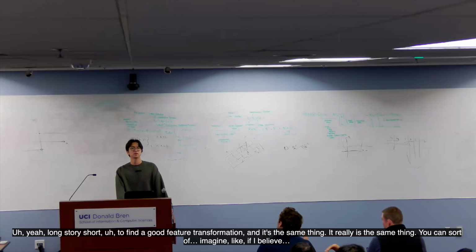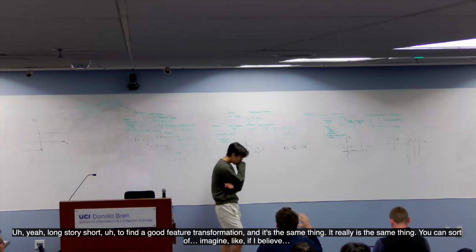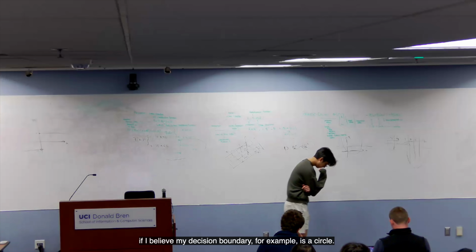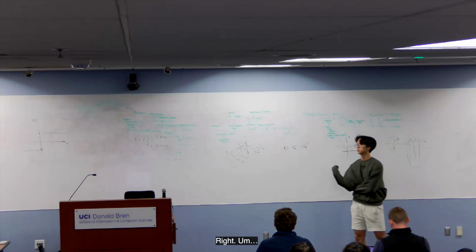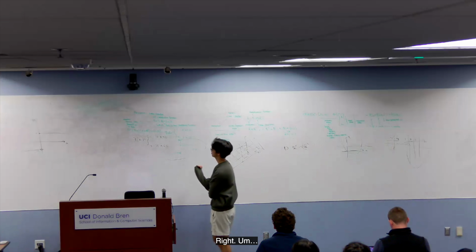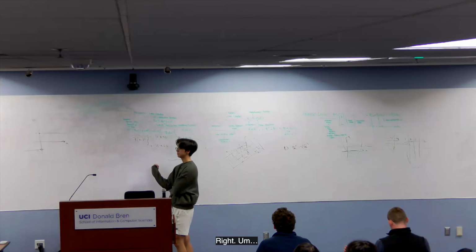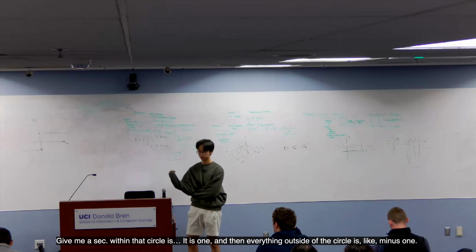You can imagine, if I believe my decision boundary is a circle, right? Anything within that circle is 1, and everything outside of the circle is -1.